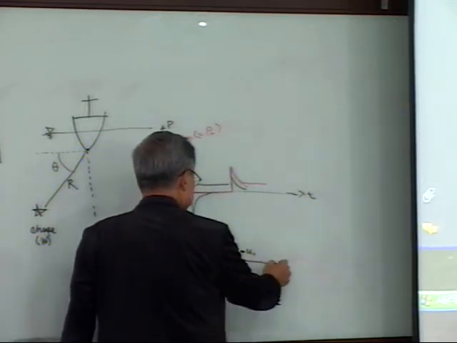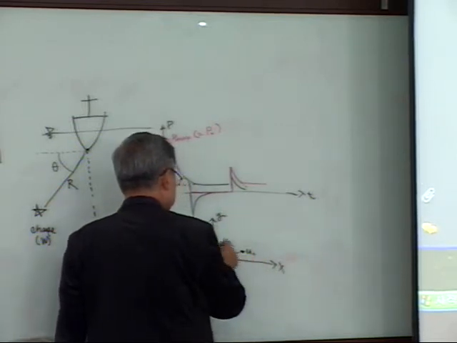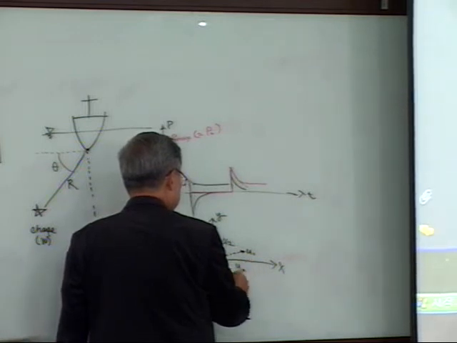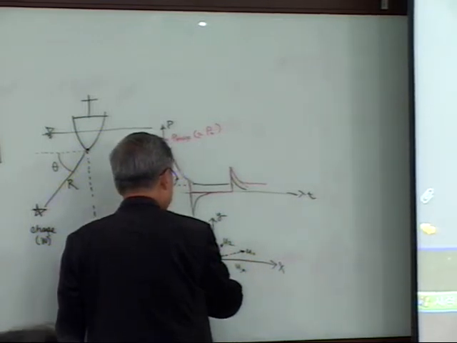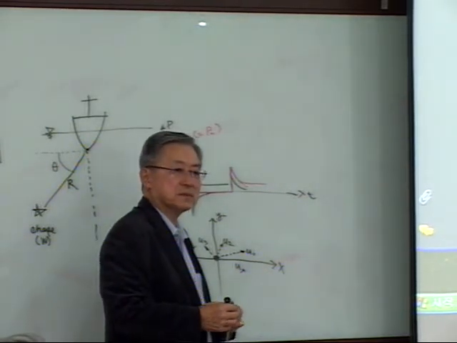Usually trajectory of X, trajectory of Y. Then you can have U X component, U Y component, simply a vector sum.